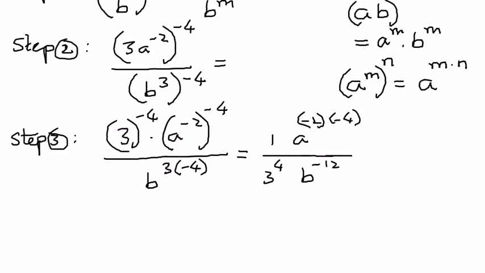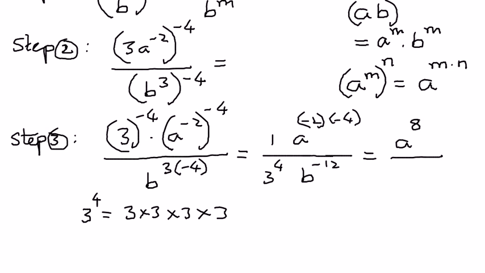So therefore, I can simplify this some more as a to the power of positive 8, negative 4 times negative 2 is positive 8, and 3 to the power of 4, if we were to simplify, we can write this as 3 times 3 times 3 times 3. 3 to the power of 4, the base term is 3, the exponential term is 4, according to the exponential rules.